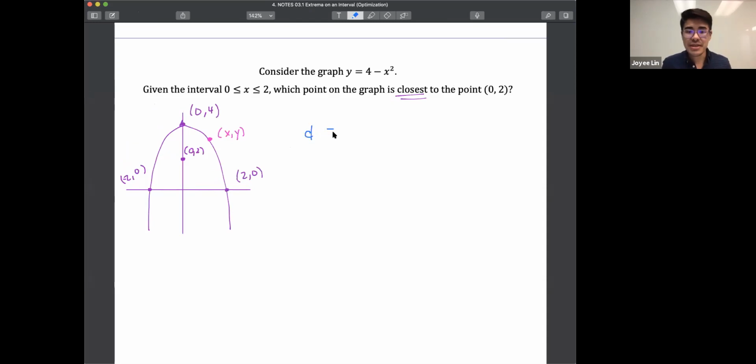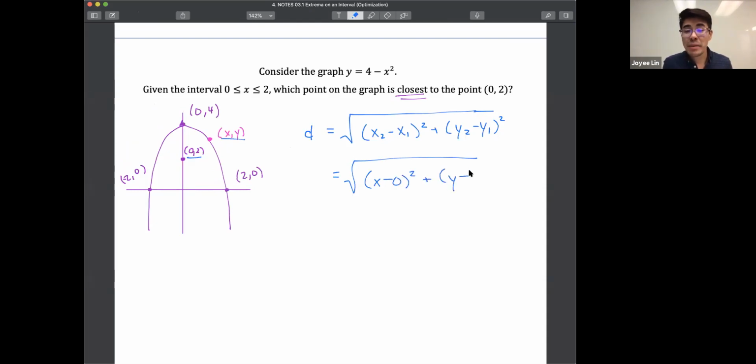D is equal to the square root of x2 minus x1 squared plus y2 minus y1 squared. And what are our 2 points? We have this one and this one, right? So we get x minus 0 squared plus y minus 2 squared.